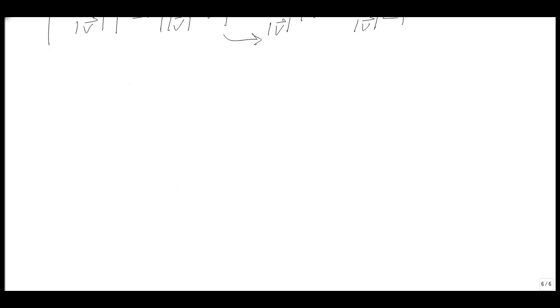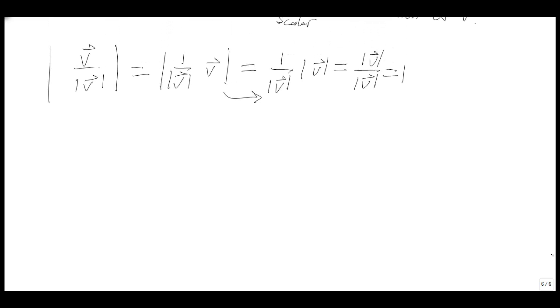Oh, one other thing to note, maybe that property that we're using, maybe we should write that up separately. I'm saying that if I take a times v, and I take the magnitude, this is the absolute value of a times the magnitude of v. Note here we're using the same symbol twice.